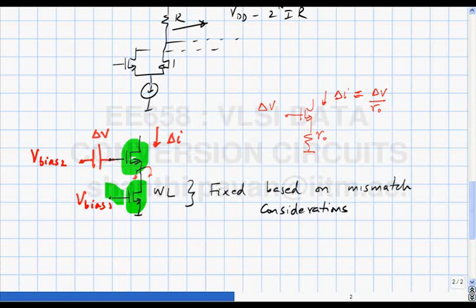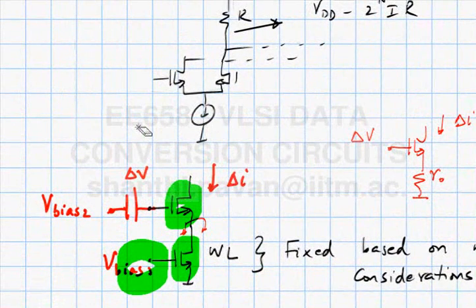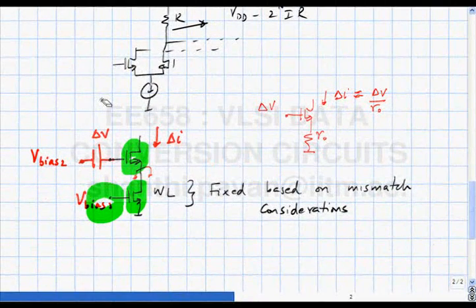If this threshold varies by delta V, the current will vary by GM delta V, whereas if this threshold varies by delta V, the current will vary by 1 over RO times delta V. So clearly the effect of the same offset in the cascode device is GMRO times smaller than the effect in the lower device.